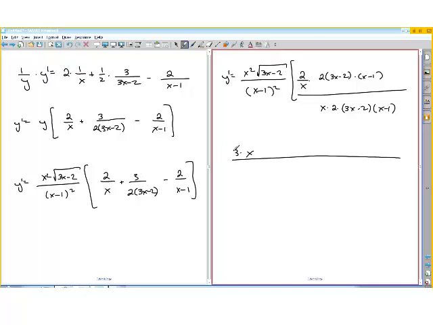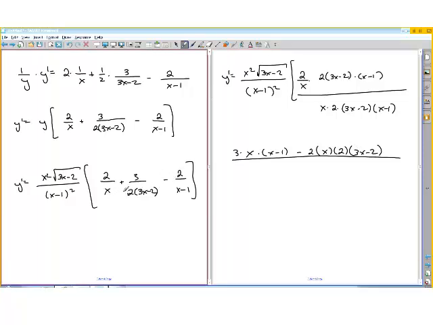Then I'm going to have more of the numerator at the top here. So we have 3 times x, times (x minus 1). And the final term is going to be 2 times these two multiplied together. So we get x times 2 times (3x minus 2). So that's this negative 2 times that times that times that.